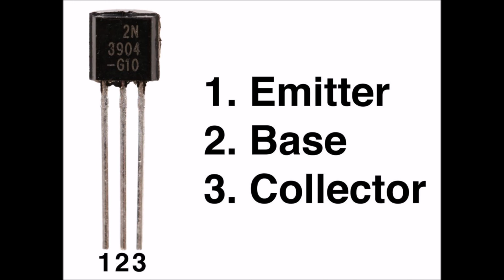Beta cutoff frequency, FT, is the frequency at which common emitter small signal current gain falls to unity. Unity gain. A unity gain amplifier is an electronic amplifier circuit that doesn't amplify. In other words, it has a gain of 1. The output voltage in a unity gain amplifier is the same as the input voltage.